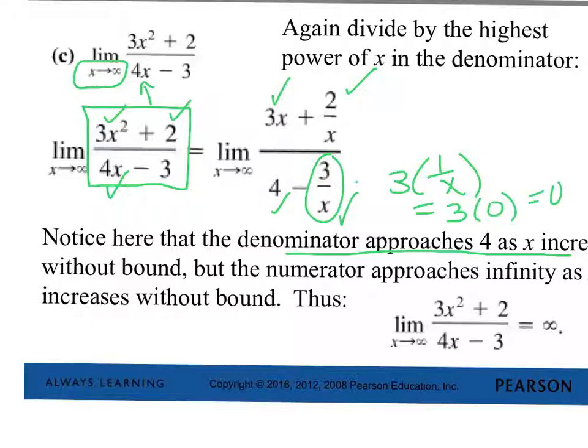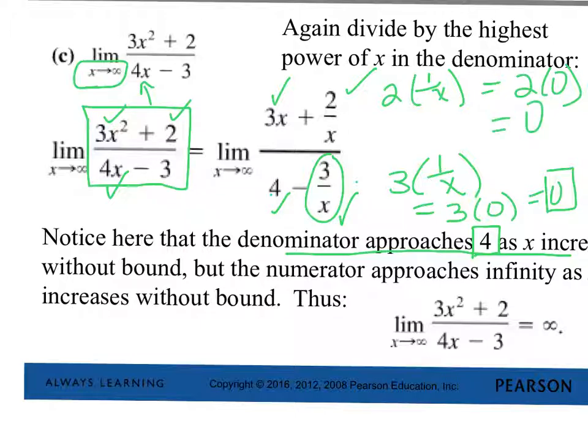So this is 4 minus 0, which is where you get just the 4. In the numerator, 2 times 1 over x is going to be the same as 2 times 0, which is going to again be 0. So actually, that's going to go away too. So these two things just drop out and they don't matter.